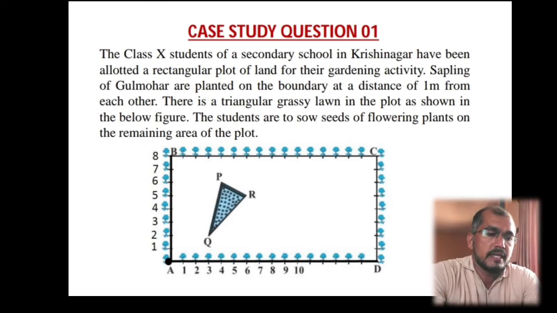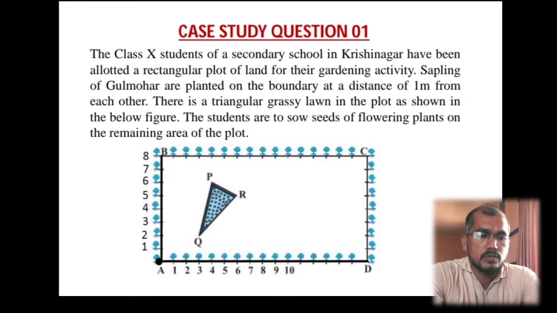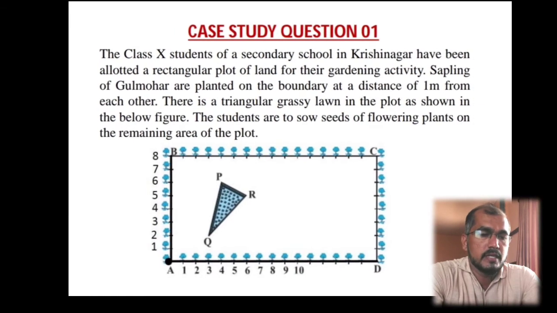I'm selecting the first case study question number 1. The class 10 students of secondary school in Krishinagar have been allotted a rectangular plot of land for their gardening activity. Saplings of Gulmohar are planted on the boundary at a distance of 1 meter from each other.